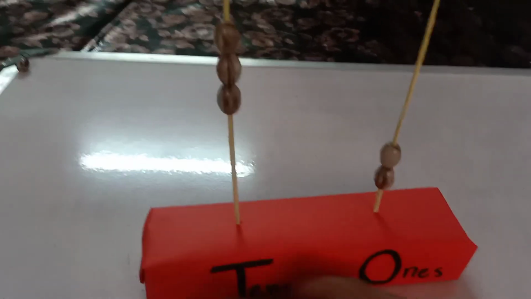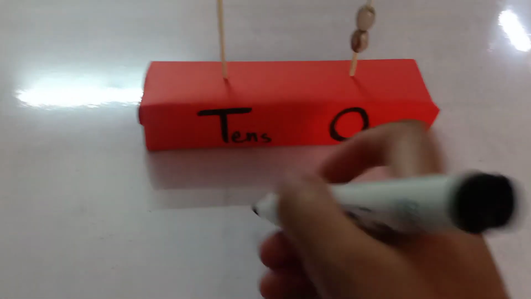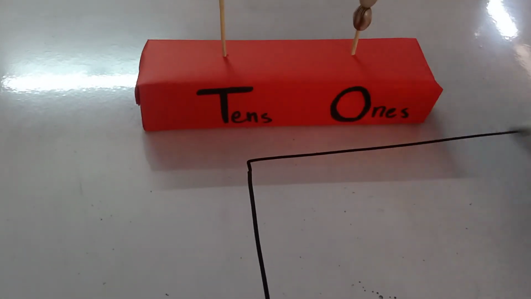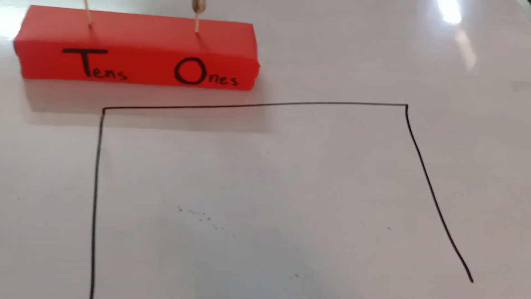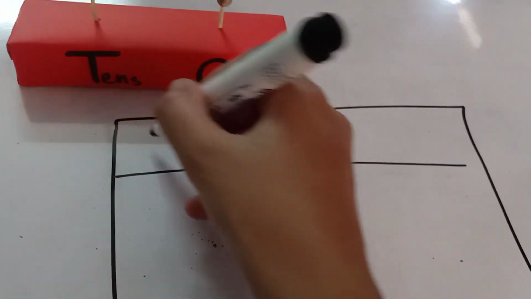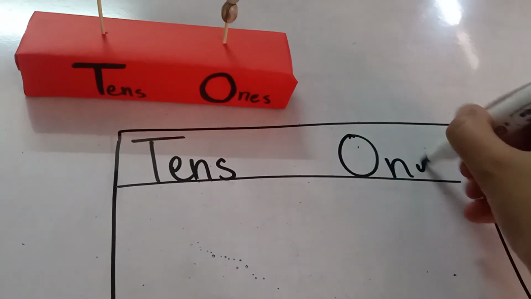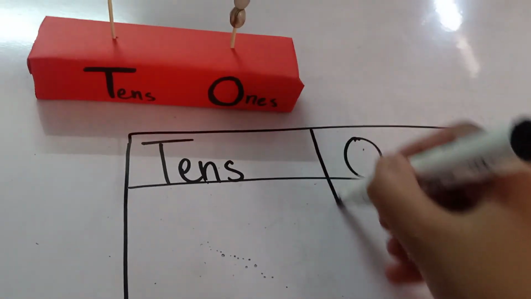Now the number will become, if we make boxes on our whiteboard, one box is for tens and one box is for ones.